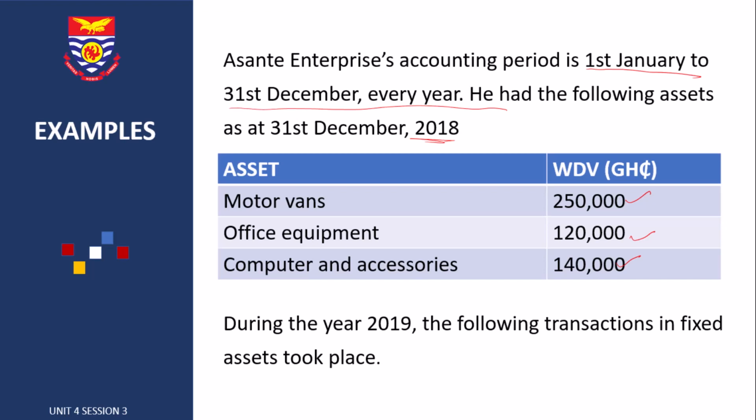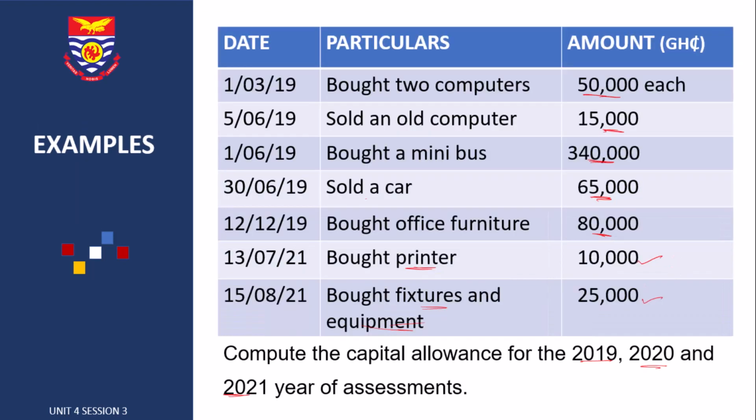Motor van's class is class 2, office equipment is class 3, and computer and accessories is class 1. Okay, so now we can go ahead to compute for capital allowance for the relevant years of assessment. I believe you have the questions now, and we can continue to compute for capital allowance.